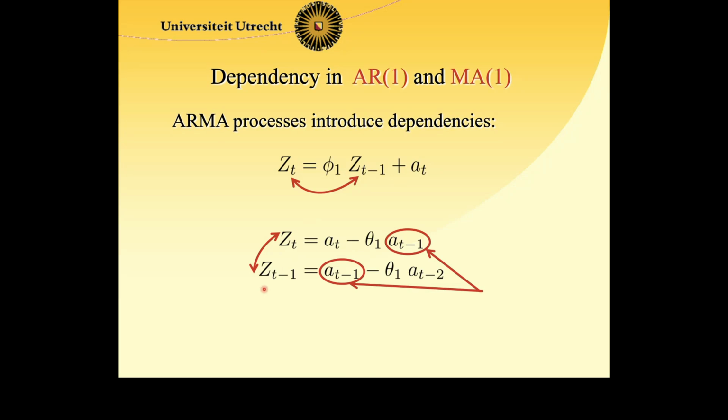For the moving average process, the dependency arises because they both have the same value of the noise, AT minus 1 in this case, in common. So there's a commonality between ZT and ZT minus 1. So that creates temporal dependency.